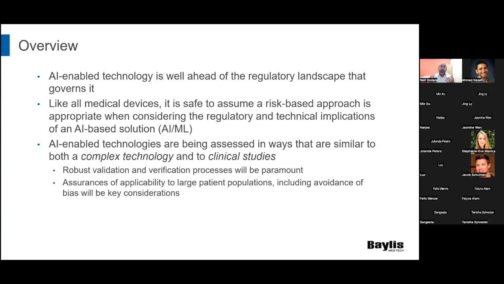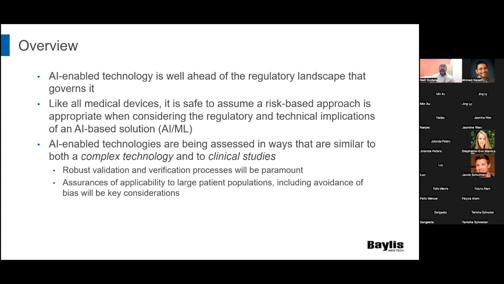So that's why AI and machine learning, even though there's so much value they can add, are going to be hamstrung by the risk-based approach that regulators and others, and even medical practitioners, take to incorporating them into their practice. That actually sounds a lot like how complex technologies or clinical studies are evaluated.